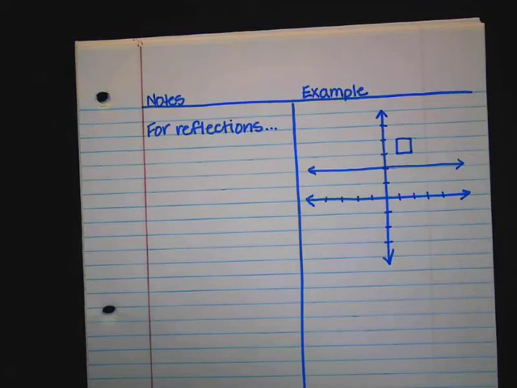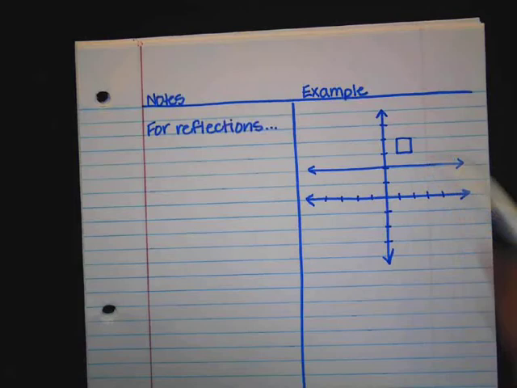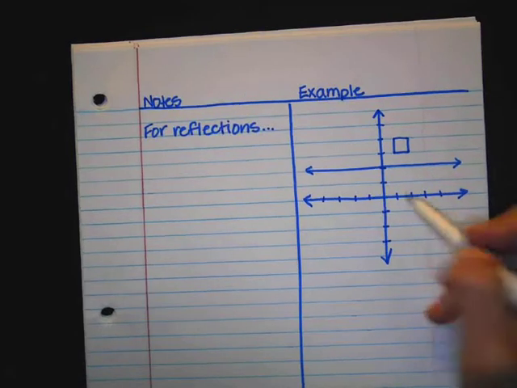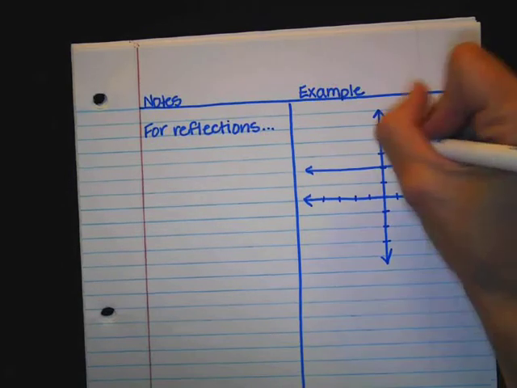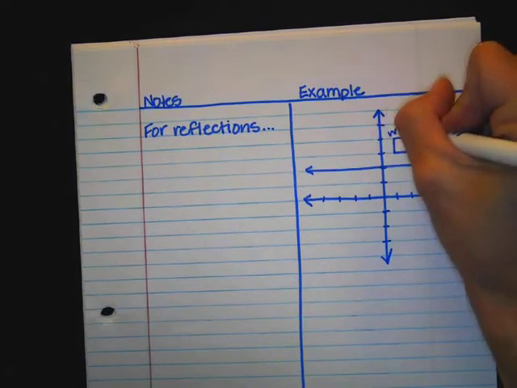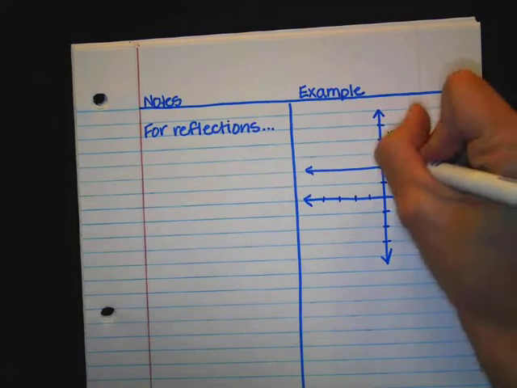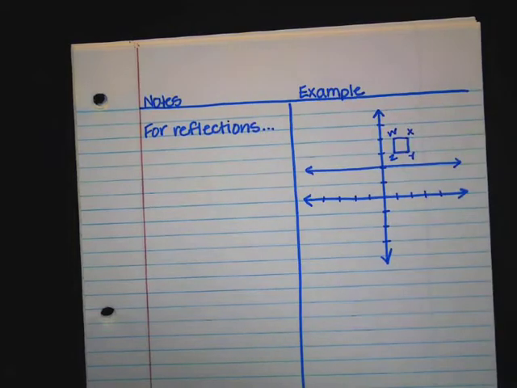Okay, and if I wanted to reflect it over my mirror line, oh, wait, we need to name it. How about W, X, Y, Z. Okay, it's a beautiful square.